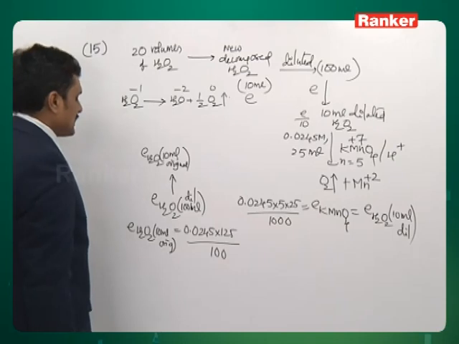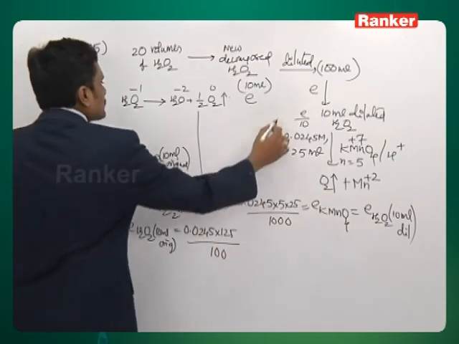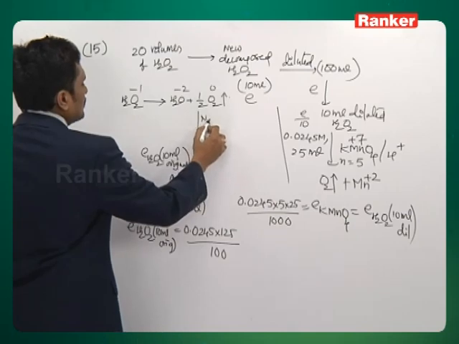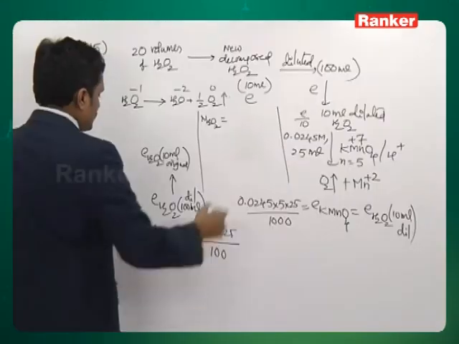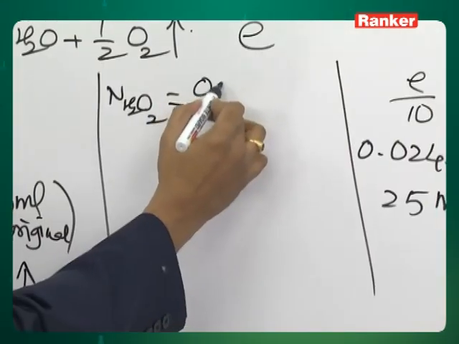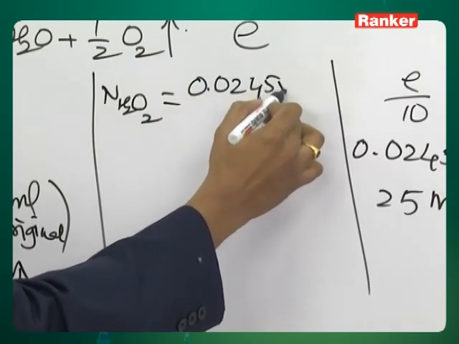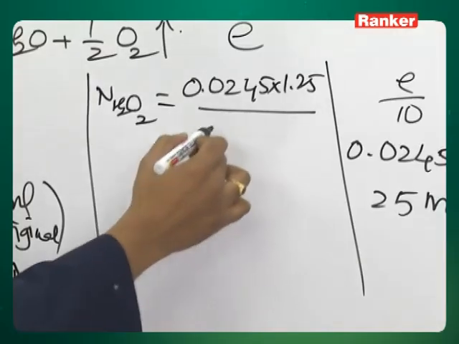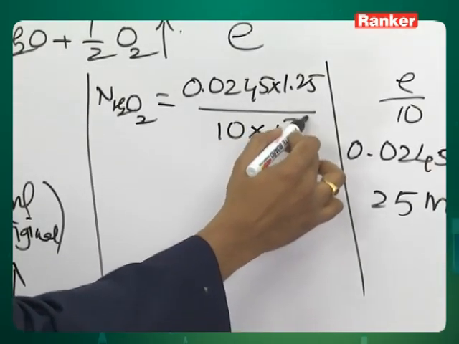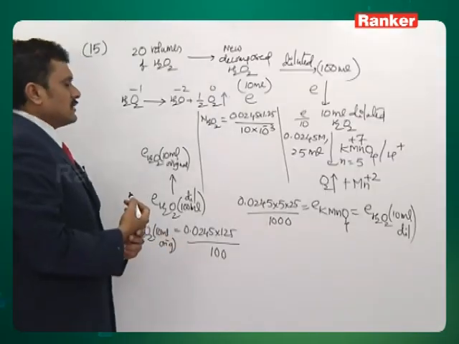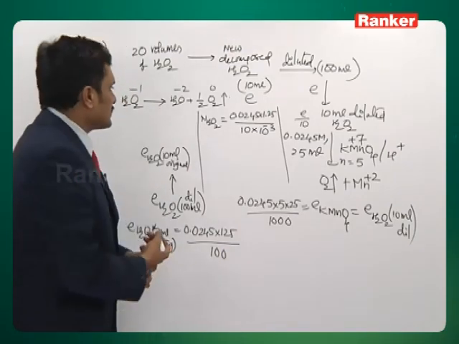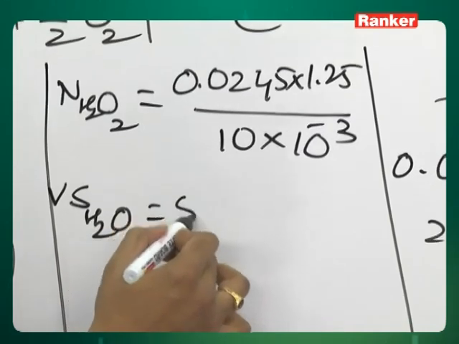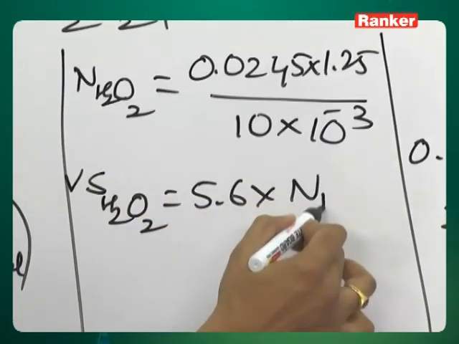Now after getting the gram equivalents of H2O2 in original solution, you will be finding out the normality of H2O2, equal to gram equivalents of H2O2 divided by volume of the solution in liters. When you divide the gram equivalents with the volume, you will be getting the normality, and you know finally that the volume strength of H2O2 solution is 5.6 times the normality of H2O2.